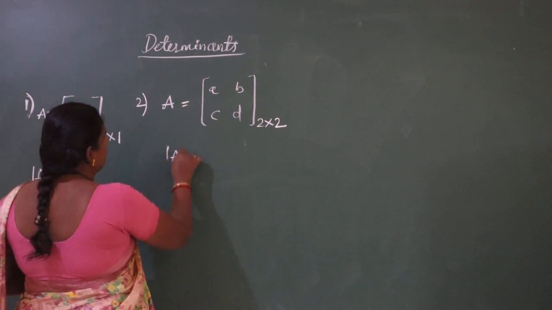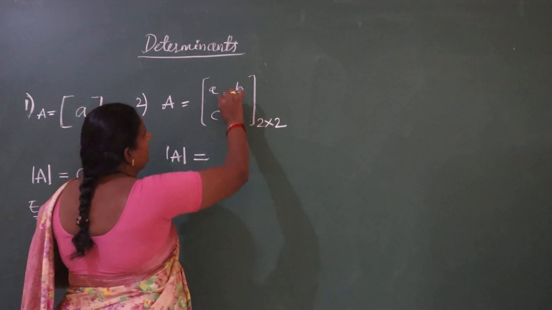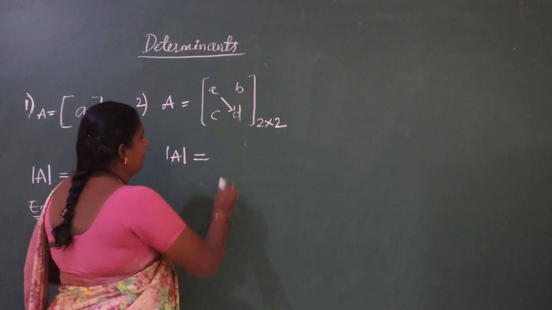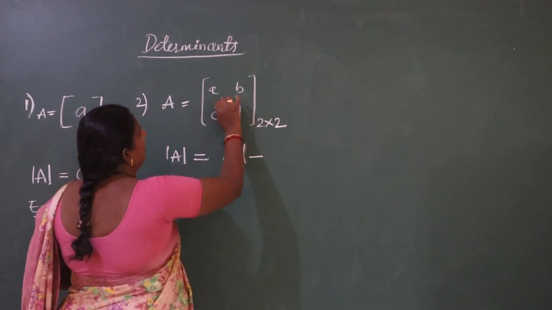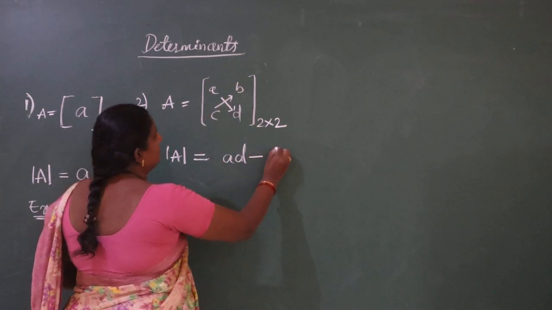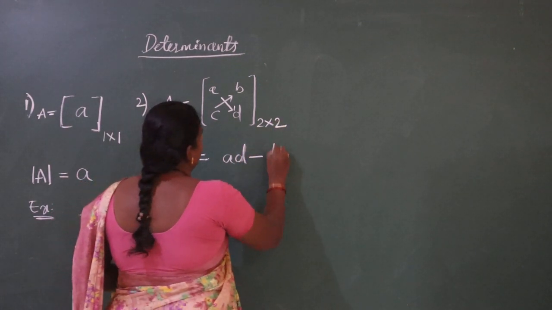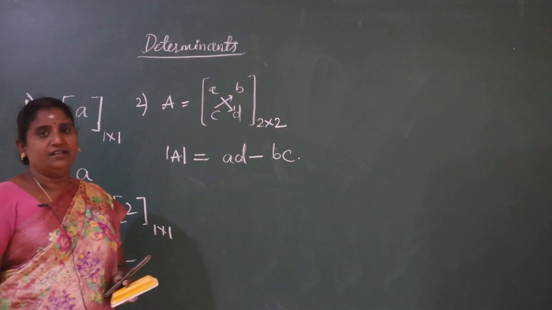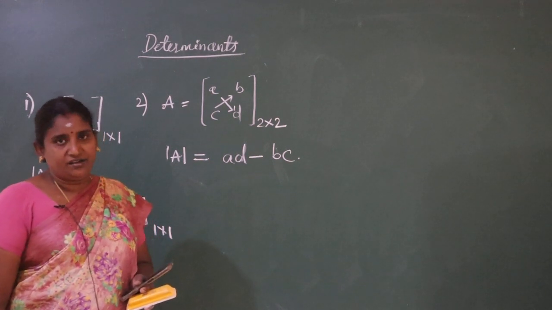Det A equals, for a 2 by 2 matrix, listen: multiply these two corners, a into d, ad, minus the product of the remaining two, c and b. So ad minus bc. That is the determinant of a 2 by 2 square matrix.